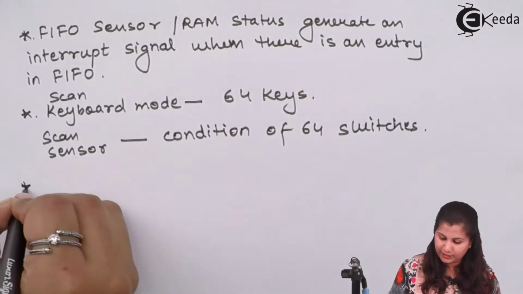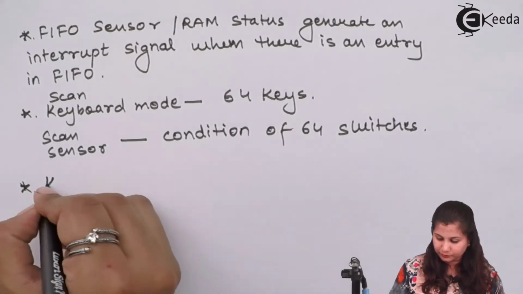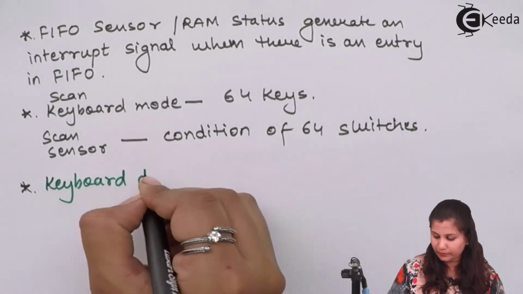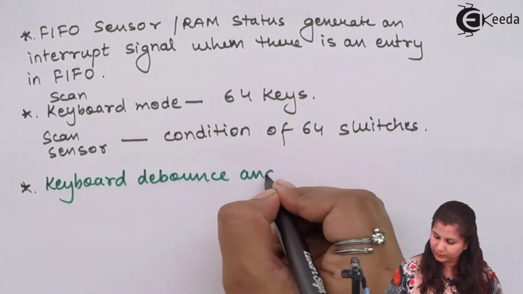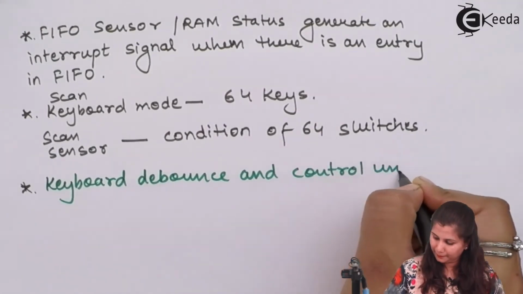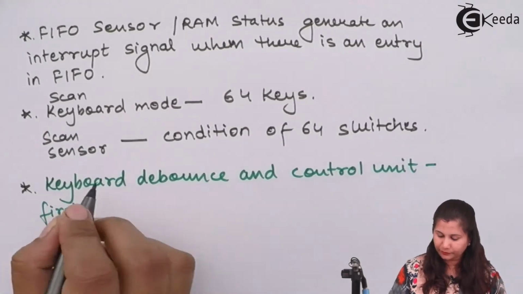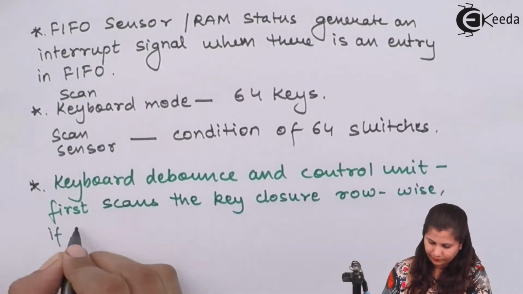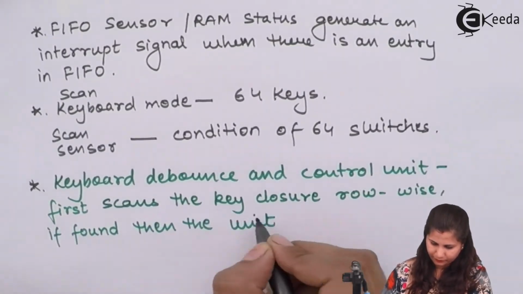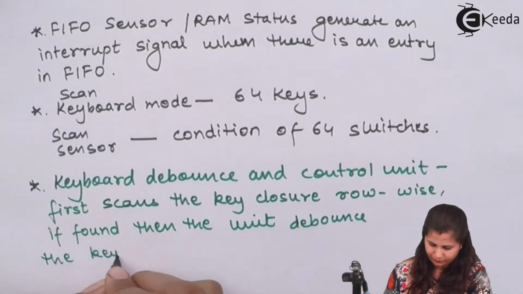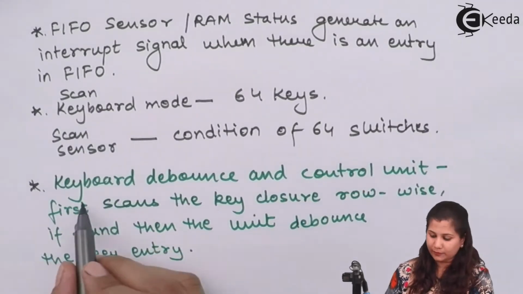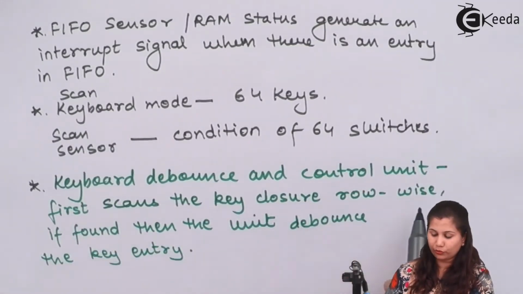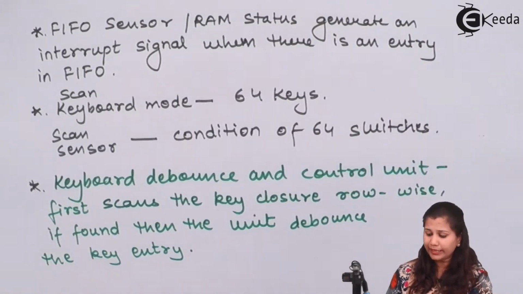So if we say the function of the keyboard debounce and control unit, it first scans the key closure row wise, and if it finds that any key has been closed, then the unit debounces the key entry, and then it is going to transfer the key code into the FIFO RAM.